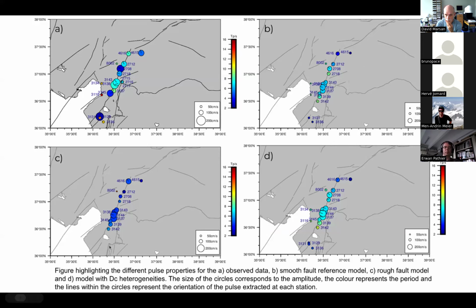Looking at the roughness, it's a bit strange. In fact, it seems to completely mute the period. It's really low values and completely loses that variability. And in DC, it's a bit better. The DC simulation tended to produce slightly larger amplitudes as well.